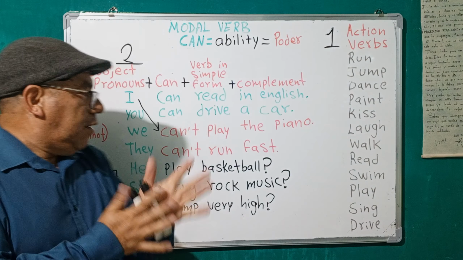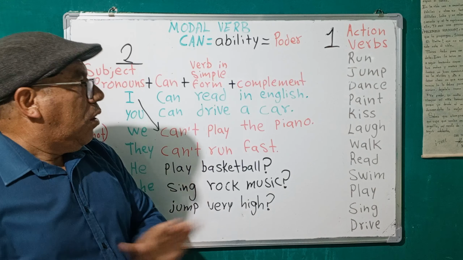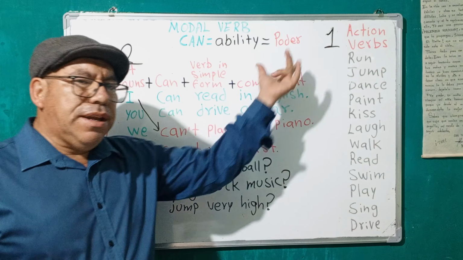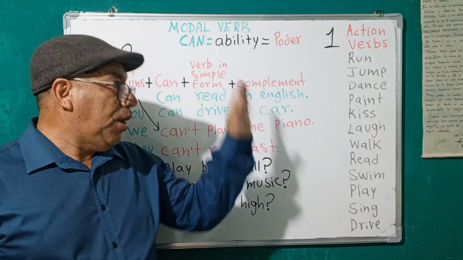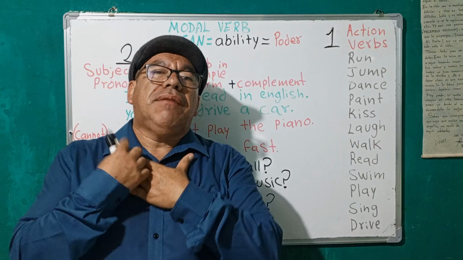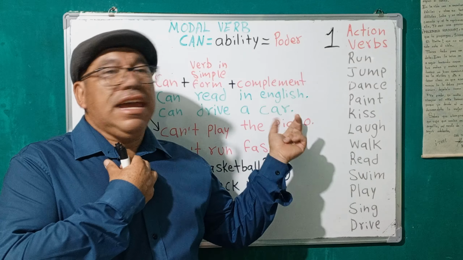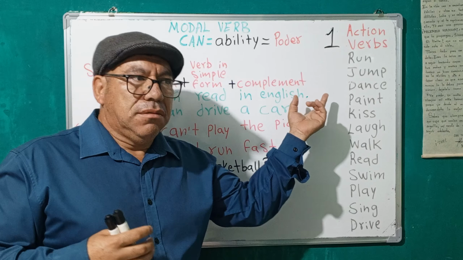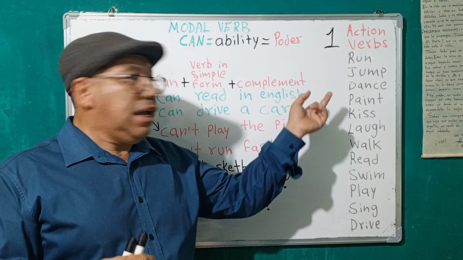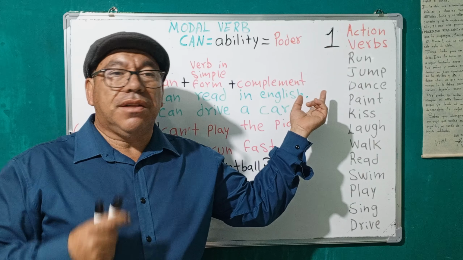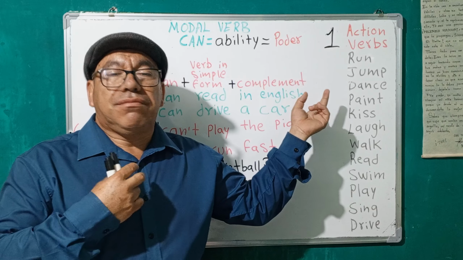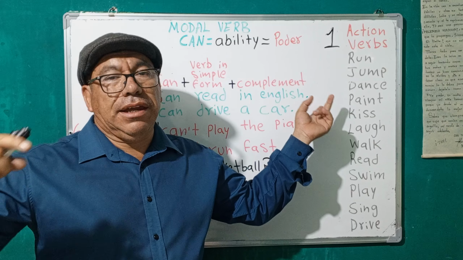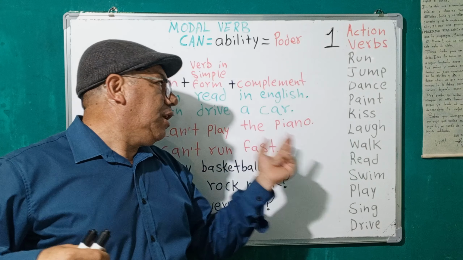Okay, for example, you might write actions, and you point at the actions, and they have to say, for example, drive a car, or ride a motorcycle, and they will say, I can, or I can't, affirmative or negative.